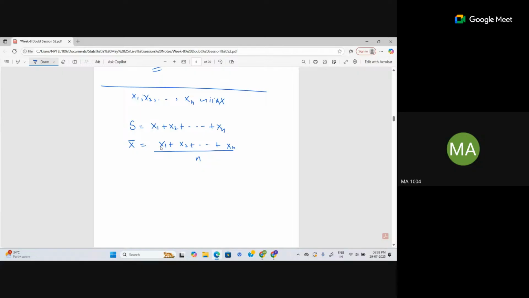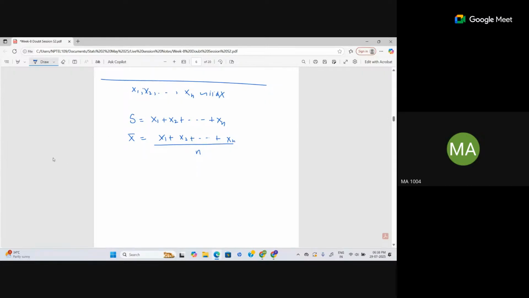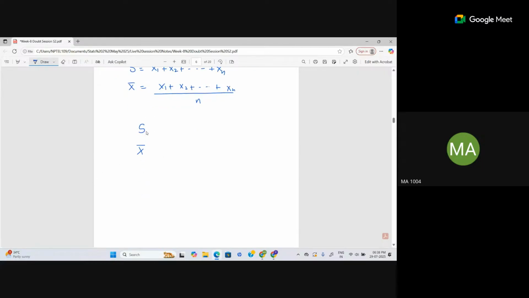Now whenever you are solving a question, whatever quantity you are using, you have to subtract the mean of that quantity and divide by the standard deviation of that quantity only. It depends on the question whether it is asking about the sum or the average. Let's calculate the expectation and variance of s first.